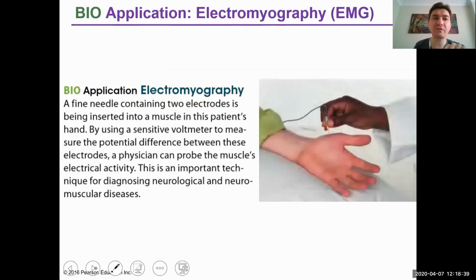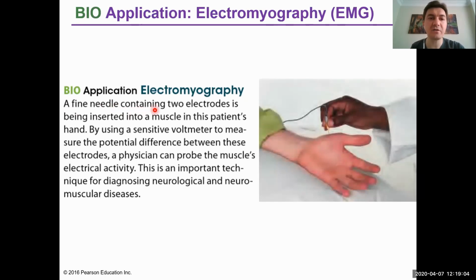Okay, so this is designing a voltmeter. Now I would like to show you a bio application, electromyography. Maybe you know this one from the name EMG, in Turkish EMG, in hospitals. Here you see the hand of a doctor or nurse. Here we have an EMG probe, and this is the hand of the patient.